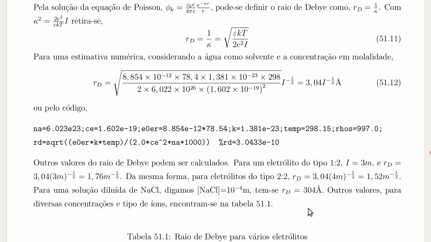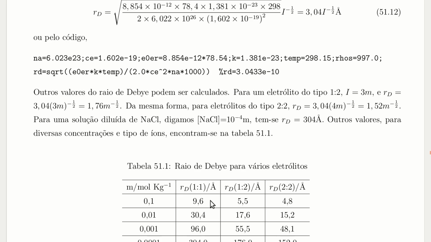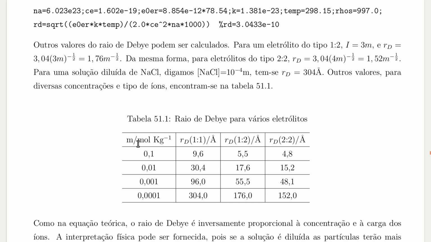So let's make a table of Debye radius at room temperature against concentration. You see, for a small concentration, for dilute solution, you have a very large Debye radius.